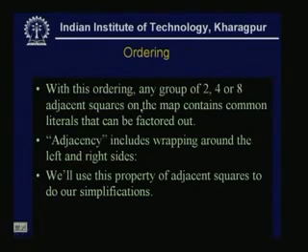Now, with this ordering, any group of 2, 4 or 8 adjacent squares on the map contains common literals that can be factored out. As we know that for this example M1, M5, M6, M7 are 1, I can now draw a Karnaugh map and put 1 for the min terms which exist in the function.